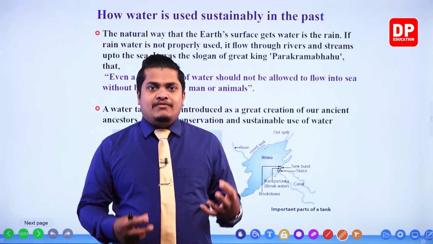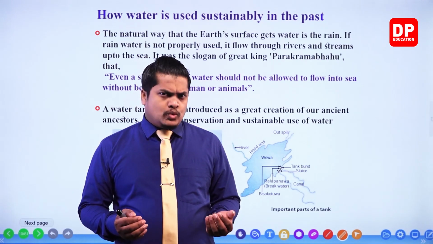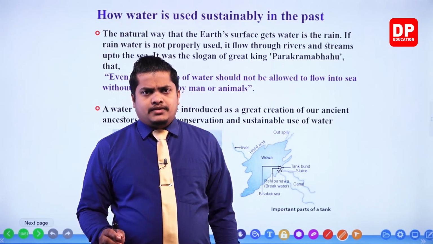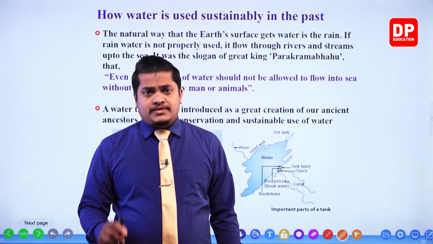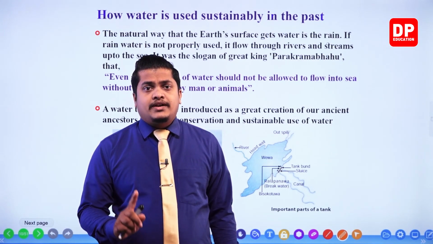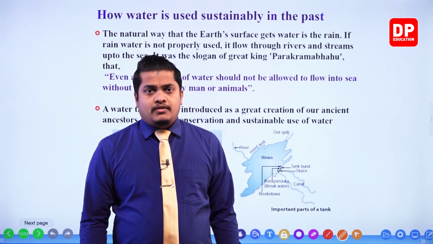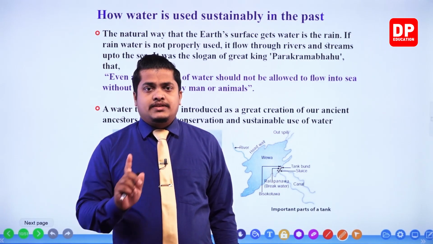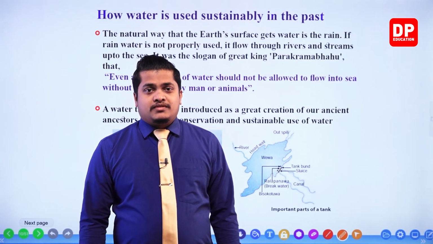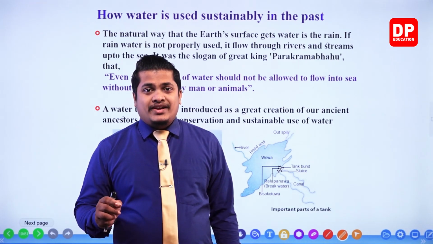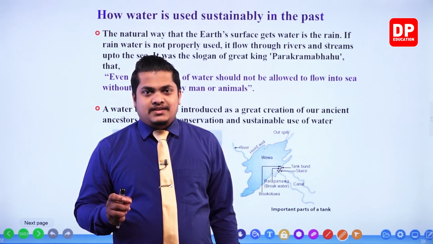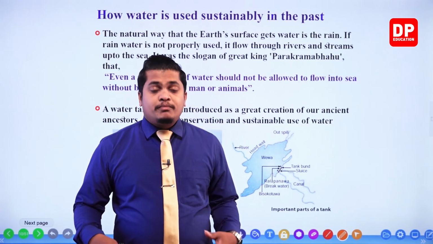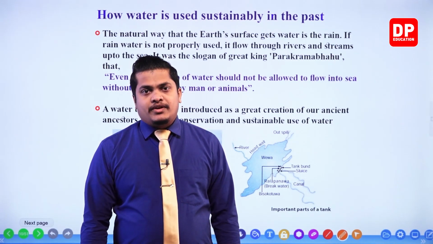We have to use rainwater as much as possible, because you know that if you take the planet Earth, the consumable water on our planet is only about 0.01%. So rainwater is one of that component. I mean, out of that 0.01%, rainwater is a component. So that means 99.99% is water which cannot be used by us in our day-to-day activities.